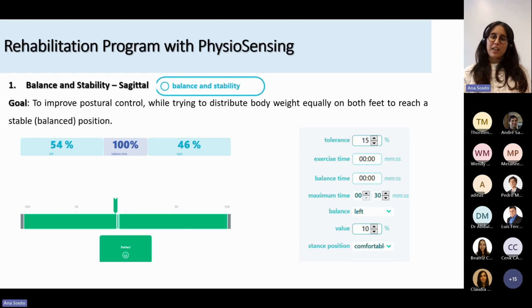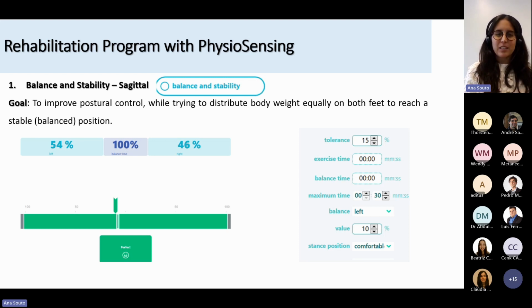So, for example, if we have 15% of tolerance, this means that the patient only has to have 85% of his body weight on the marked target to validate the exercise, to keep it green, to be successful. Okay, so if we want to decrease difficulty, we will need to increase this tolerance.